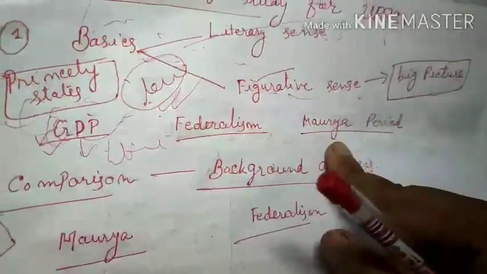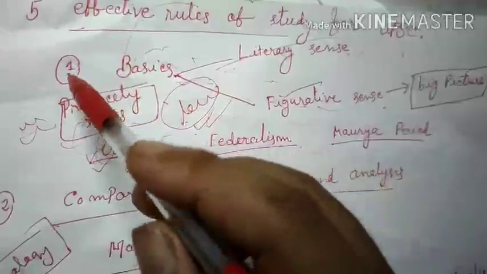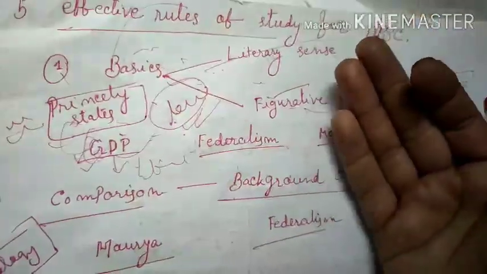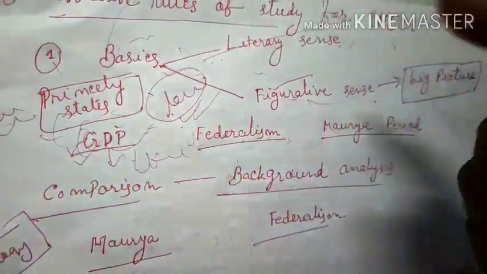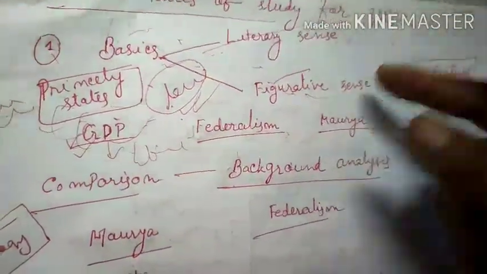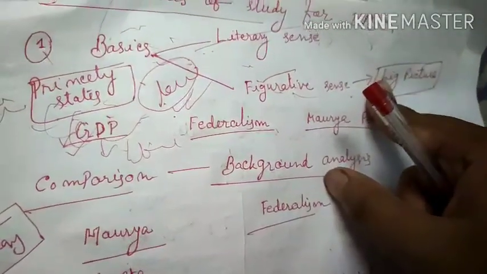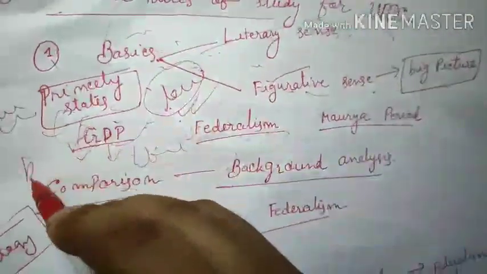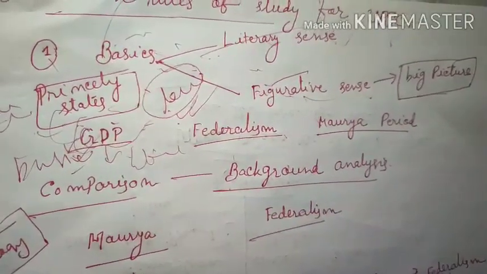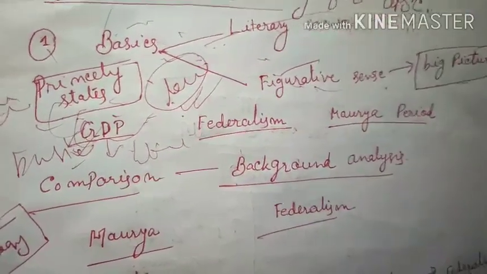What is the relevance of federalism? Right. In this way, when we read any topic, any book, when we hear a particular term for the first time, we should try to go into the basic implication of the term, because otherwise we will not be able to write answers in an analytical way.